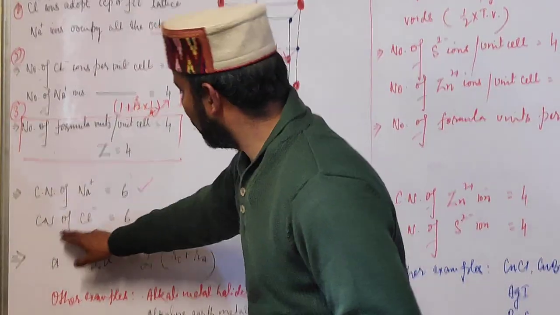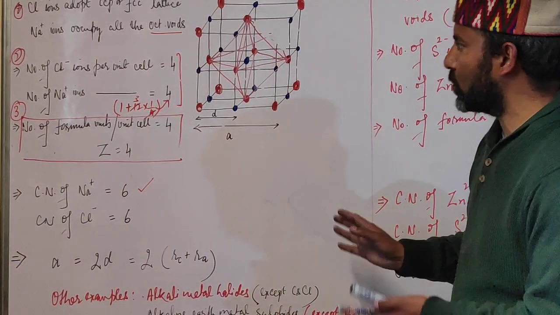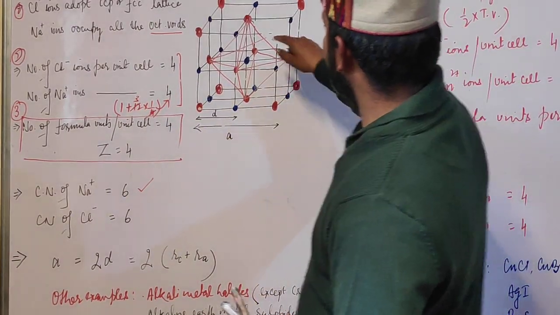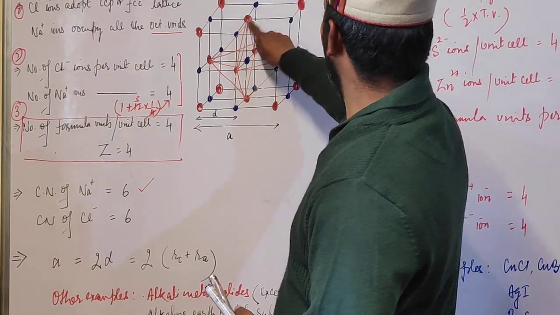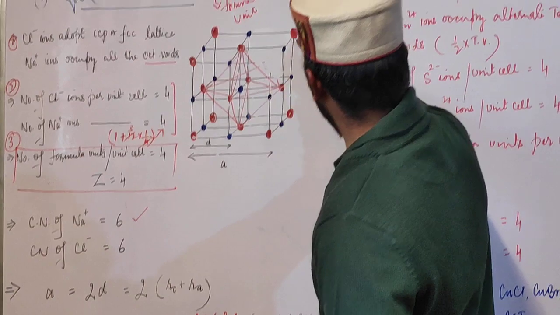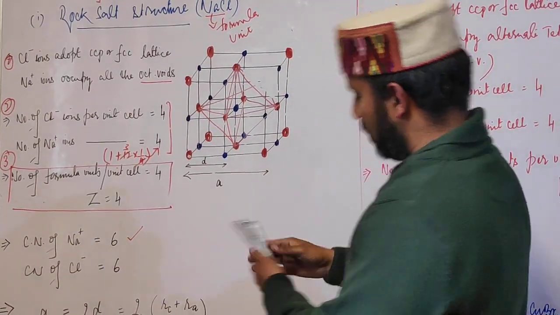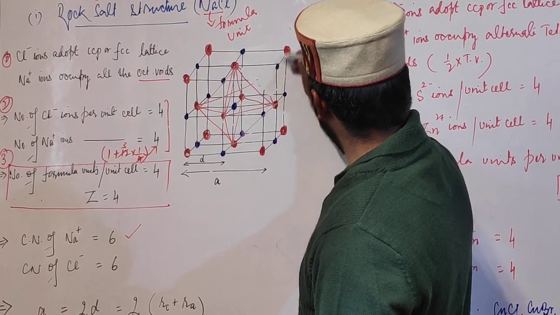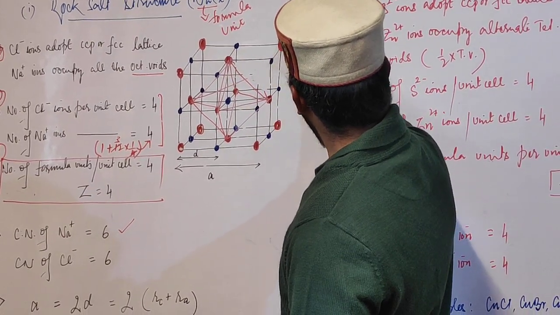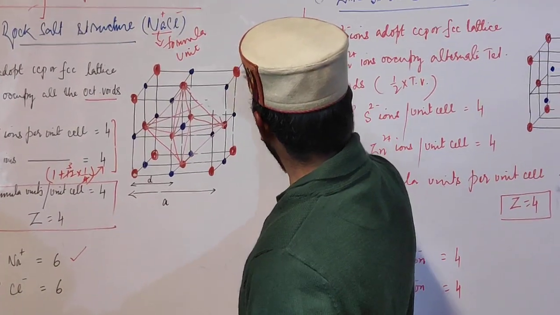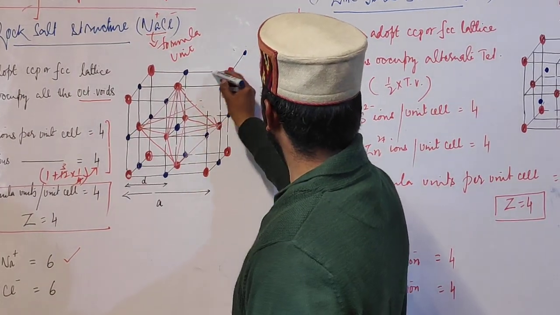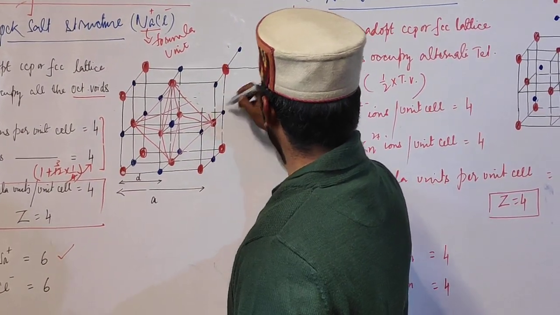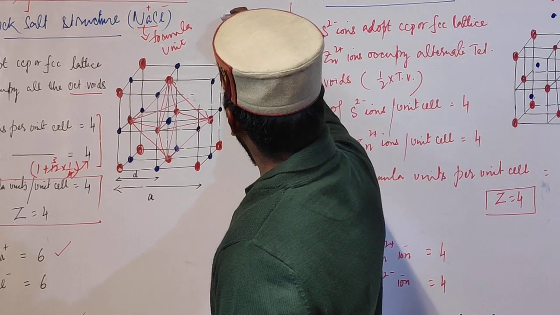Now similarly, the coordination number of chloride ion is also 6. How? Say this is a chloride ion, or you can take any. With this chloride ion, this is one, this is second, this is third. But similarly, when we extend this structure, this is fourth. When we extend this one, this is fifth. When we extend this, this is sixth.